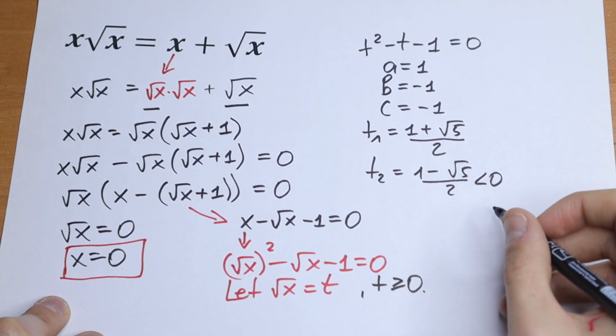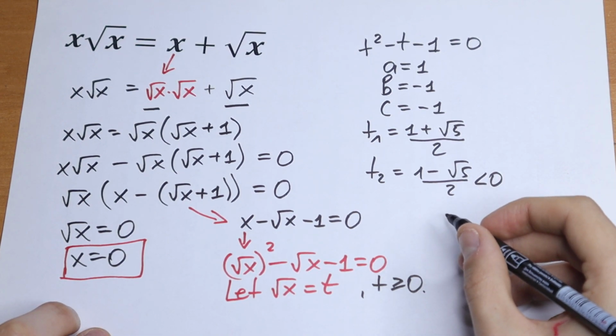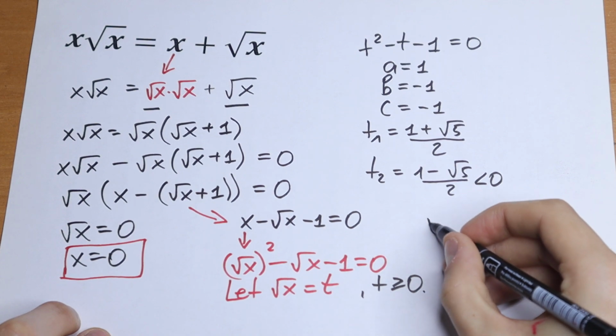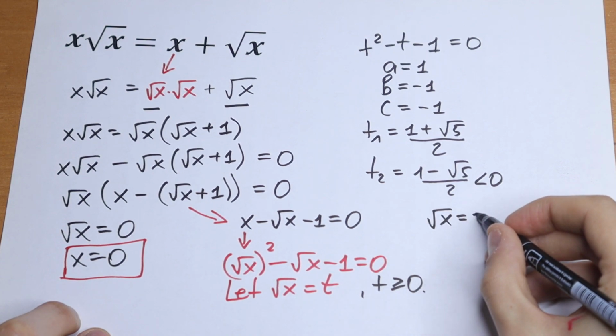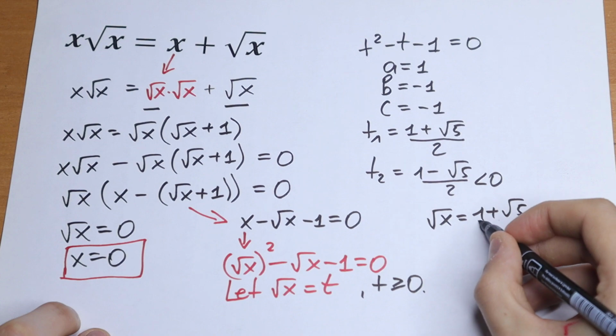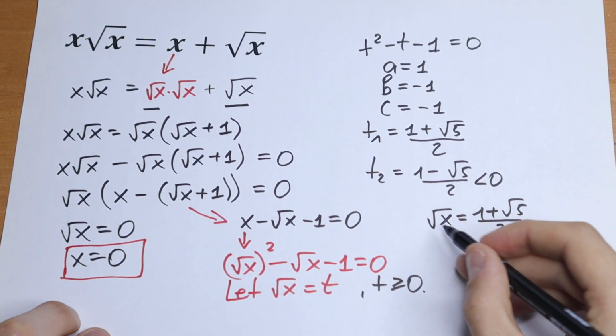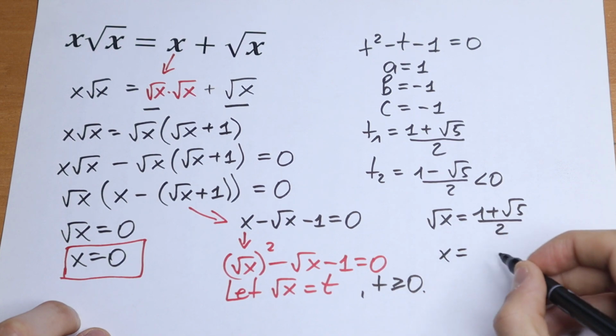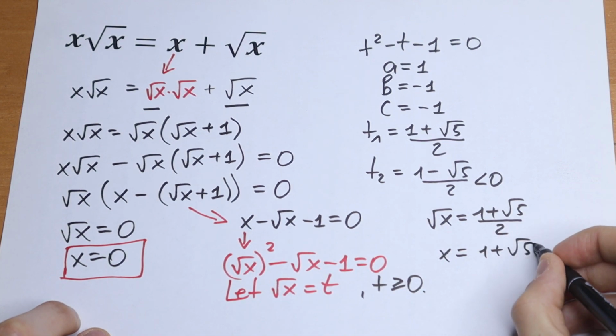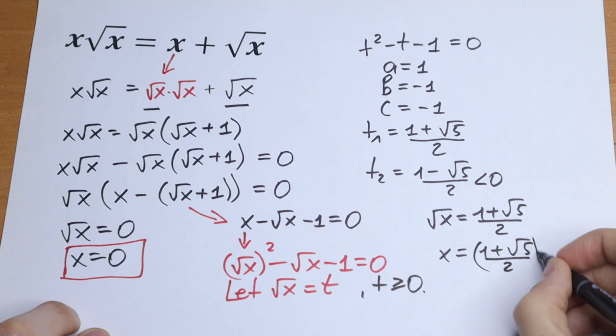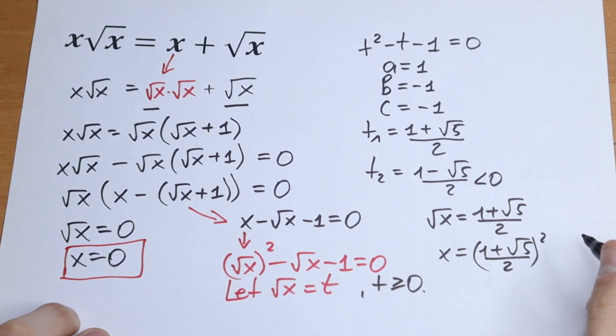So let's go to our substitution. We have square root of x equal to t, so square root of x equal to 1 plus square root of 5 over 2. Let's raise both sides to the second power, then we will have only our x. So x equal to 1 plus square root of 5 over 2, squared. Of course, we can simplify this a little bit.